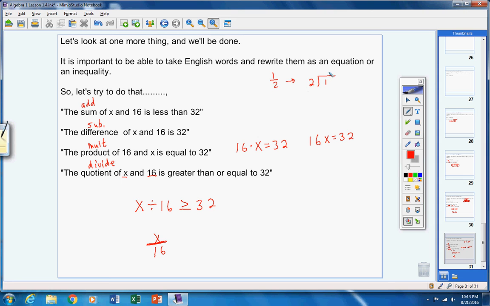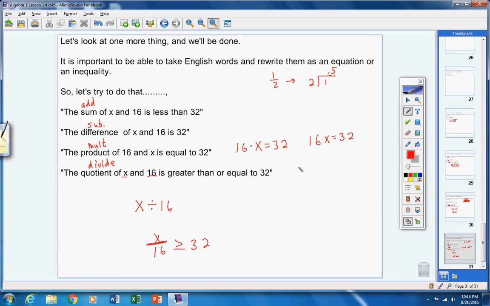And if you did that, you would get 0.5. Okay? So we don't use division symbols very often. Sometimes we do in algebra, sometimes, but not very often. We usually use fraction bars, okay? So x divided by 16 should be written like this. X over 16 is greater than or equal to 32.